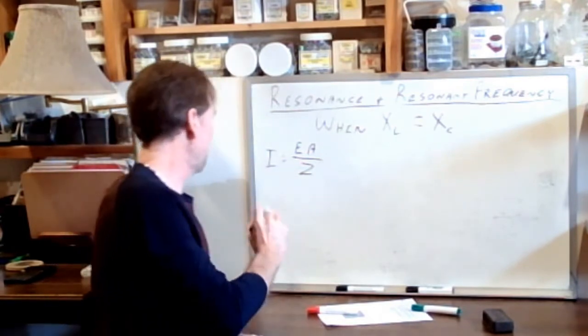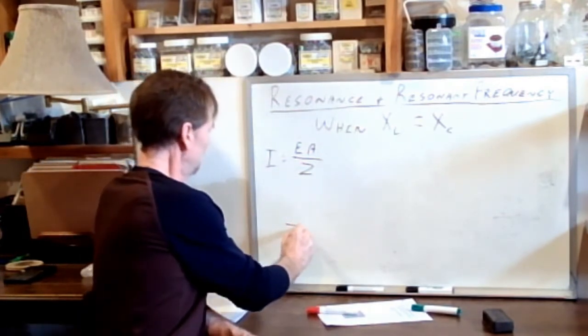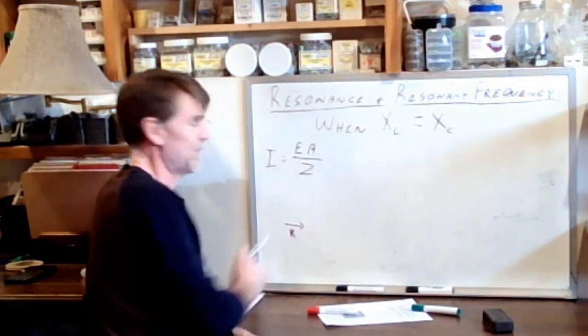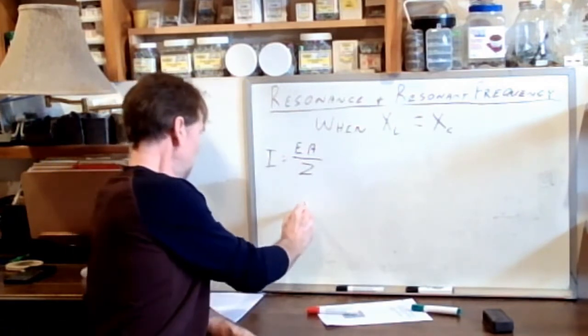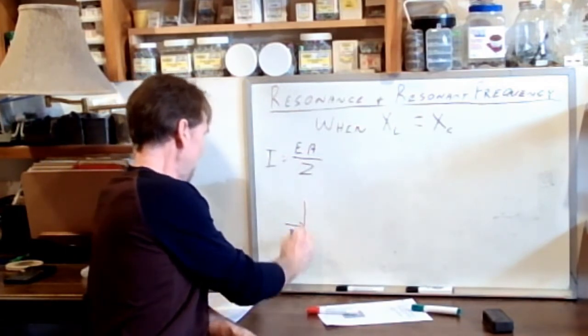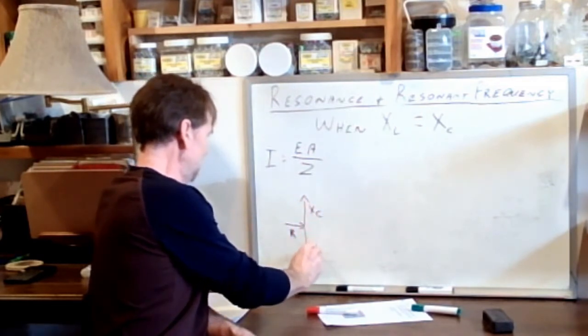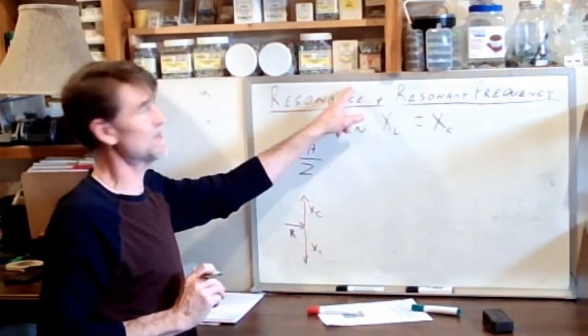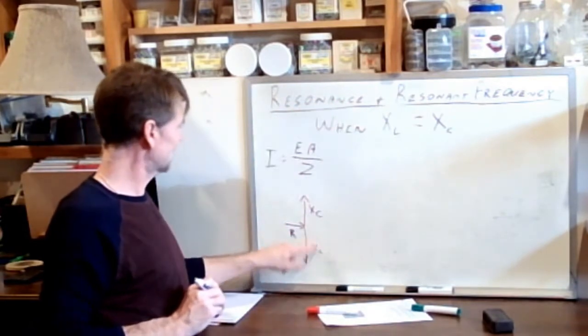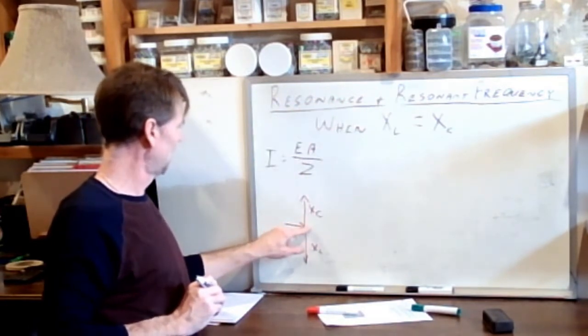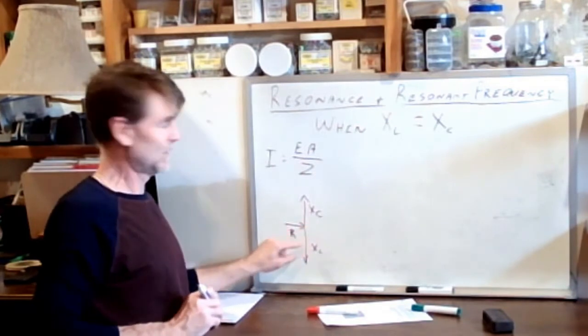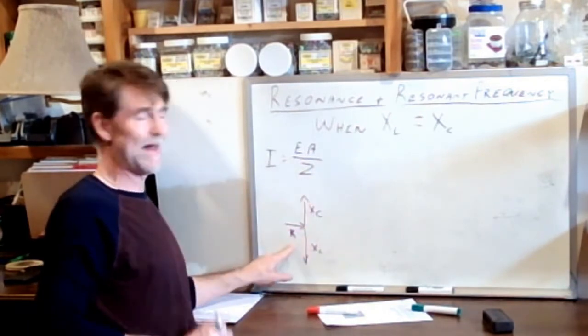Remember, whatever that value of R is, and then we have XC and XL, and we're talking about the resonance situation, so XL and XC are equal to each other, and all we're left with in the circuit is R. So Z will be whatever R is.